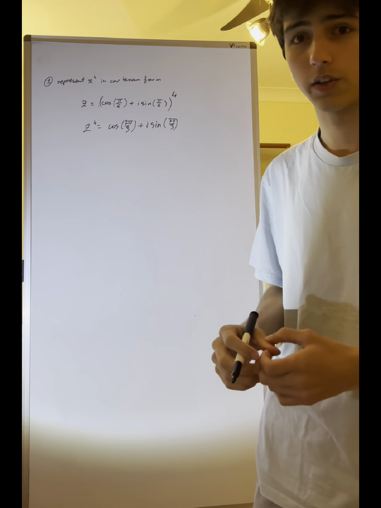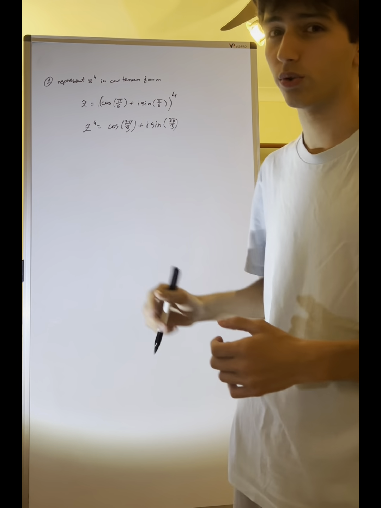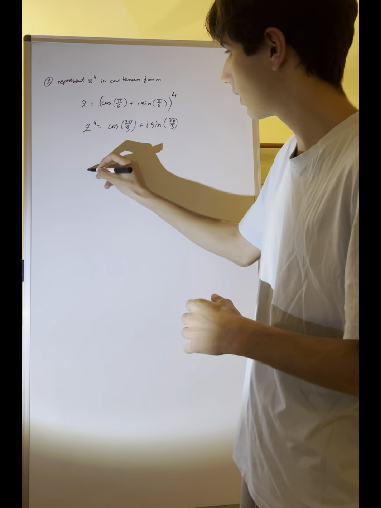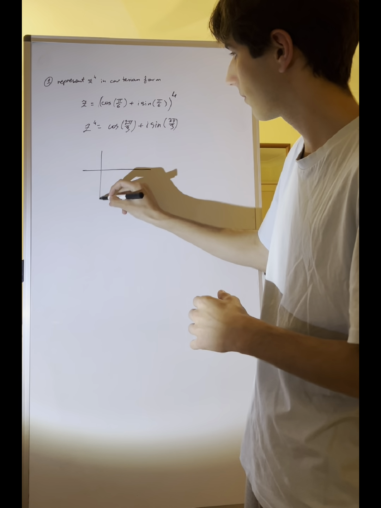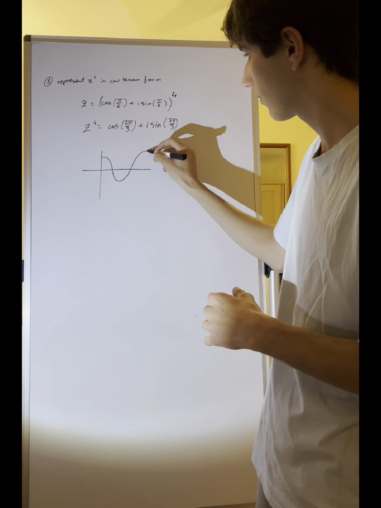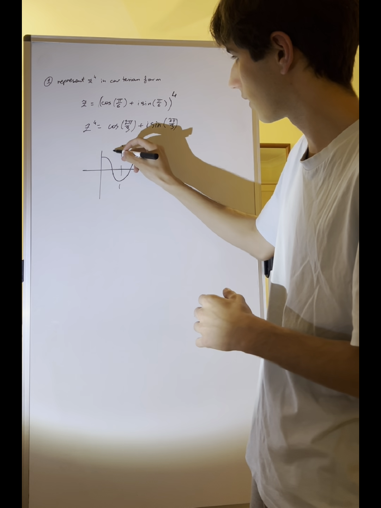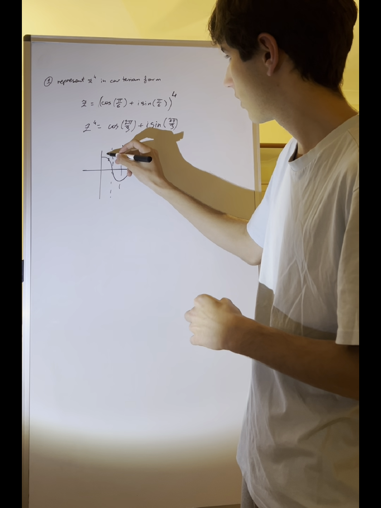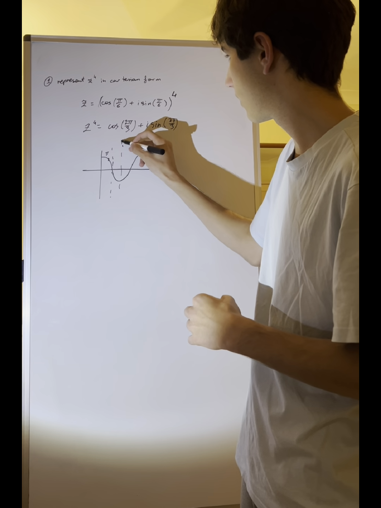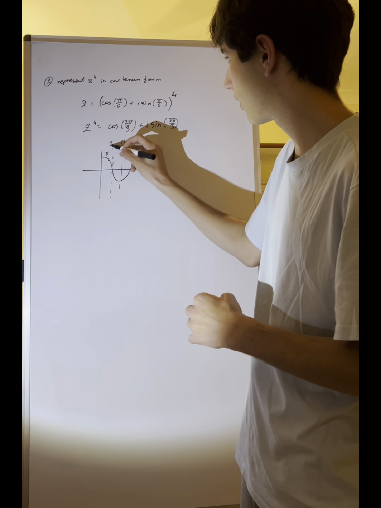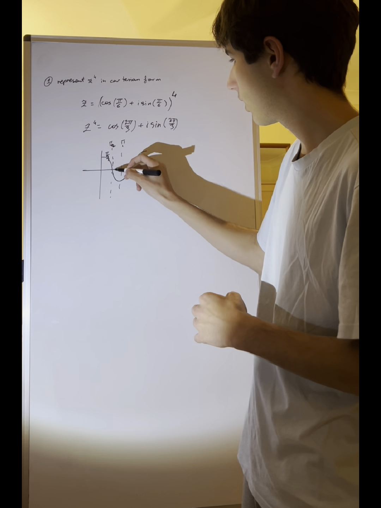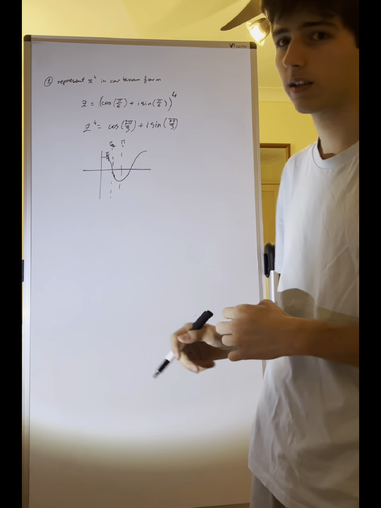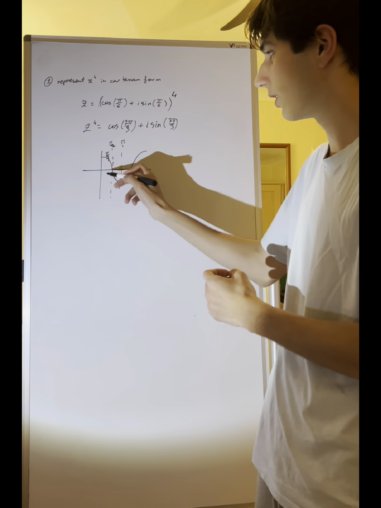And we want to represent this in Cartesian form, so we're actually going to have to get the values for cosine and sine. So cosine 2 pi over 3 is, if we draw the graph of cosine, then we can see that this is pi, this is pi over 2, this is pi over 3, and pi over 3 is pi over 3 away from 0.